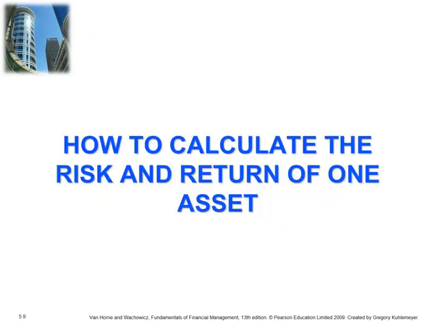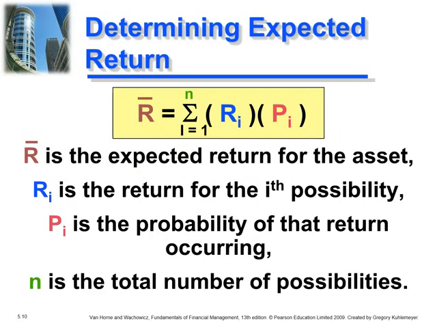How to calculate the risk and return of one asset. We will start with determining the expected return of one asset. This is the rule. R bar equals the summation from i equals 1 to n of Ri times Pi. What are these abbreviations? R bar is the expected return for the asset I want to calculate.